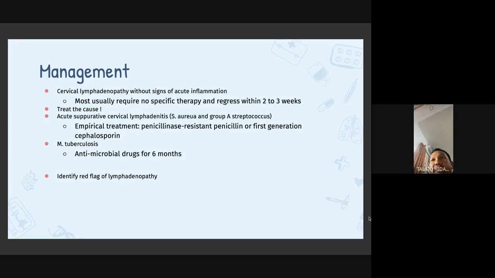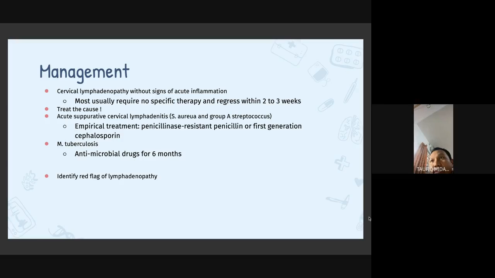At least it will become smaller or stop progressing. If after 1 to 2 weeks of antibiotics there is no progression or the infection has resolved, we don't do anything.